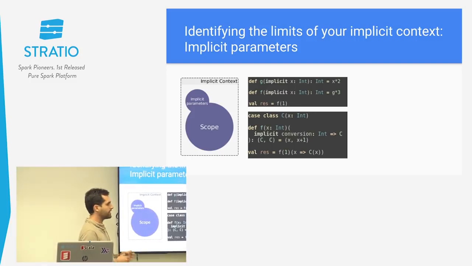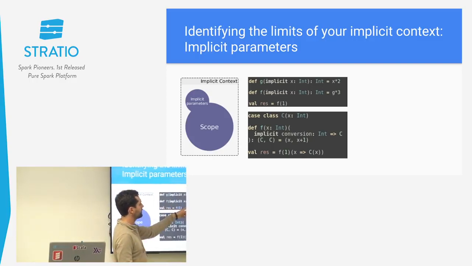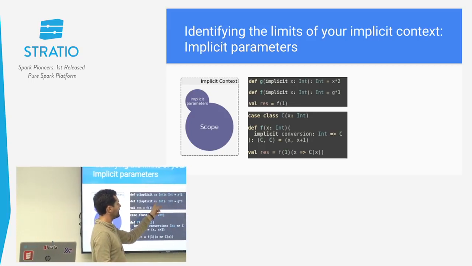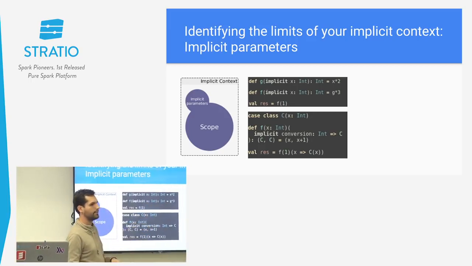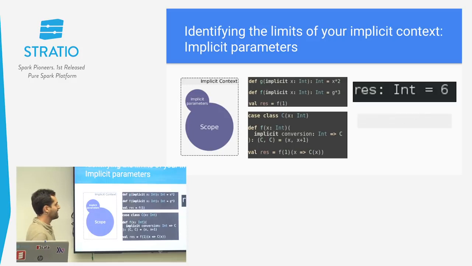But since Scala has propagated the implicitness of the parameter, this x becomes an implicit value within its body. So you can call g without any parameter. It will propagate the implicit value. So the result here will be, it's easier, 6, okay?